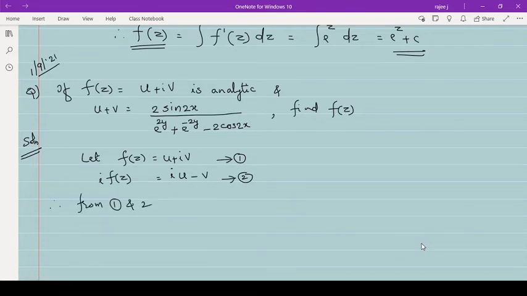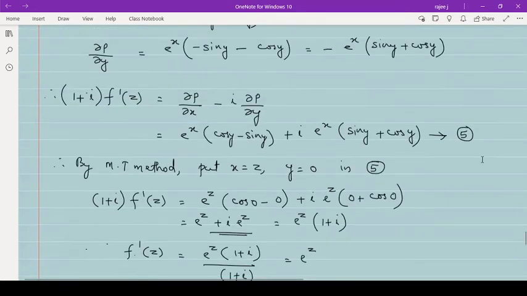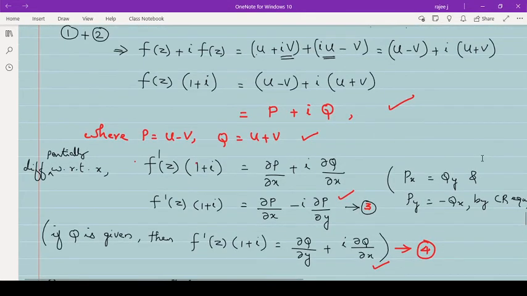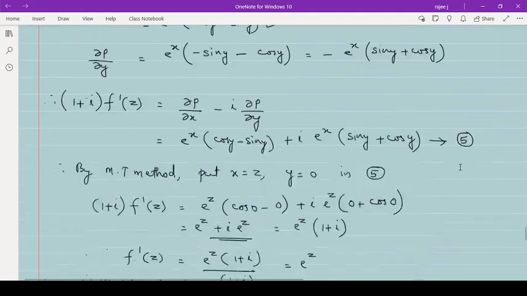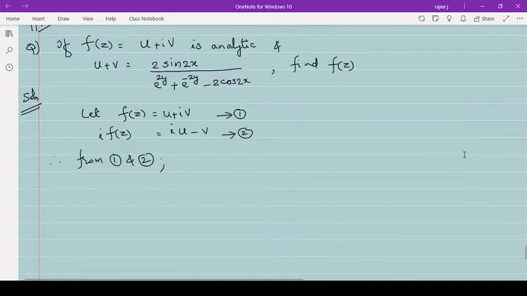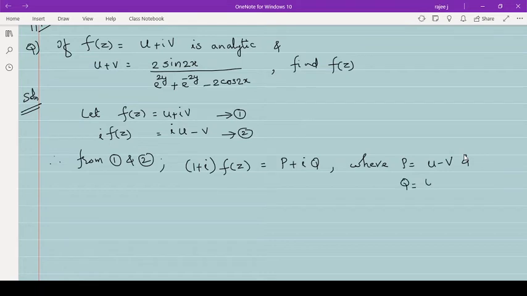Directly we will write 1 and 2. Which step will you write? This one: (1 + i) f(z) is equal to some p + iq. So from 1 and 2, (1 + i) f(z) = p + iq, where p is equal to u − v and q is equal to u + v.